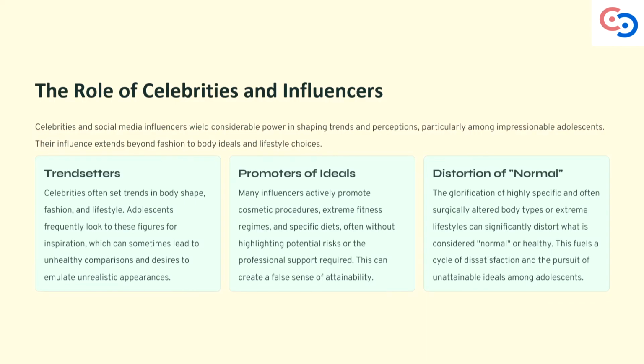So how does it start? You see that distortion is normal, the glorification of specific and often surgically altered body types on social media, or you see that film stars have these kinds of lips and they look more beautiful. They are going through multiple plastic surgeries to have that kind of lips.